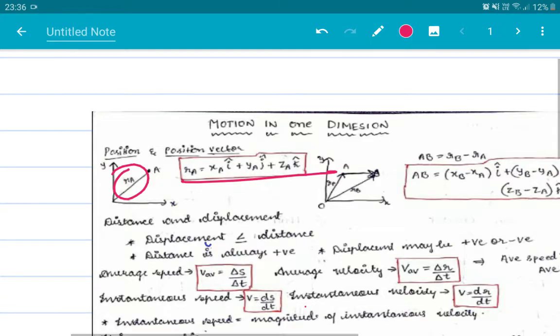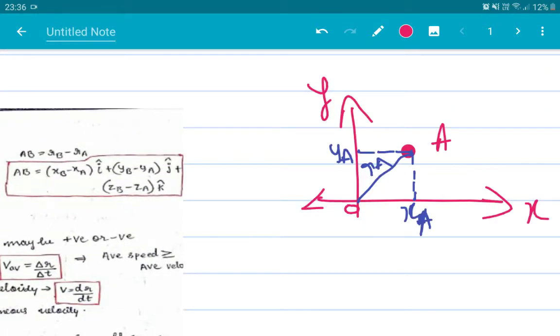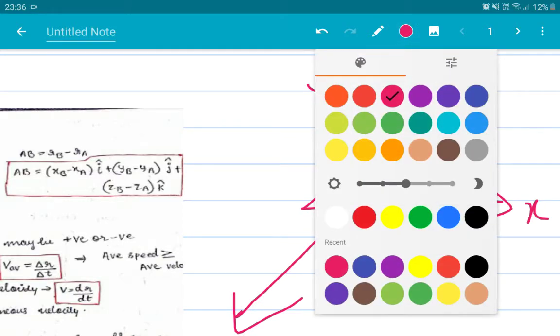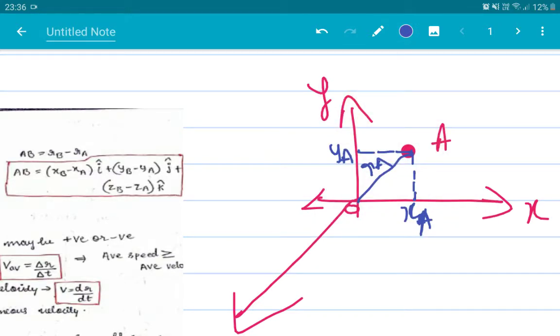Here in this example I have not taken the z axis, but if you take the z axis also, the particle is present in the 3D plane. Like this, three axes will be in one direction. Suppose this is the particle A, so this is the x axis, this is the y axis, this is the z axis.